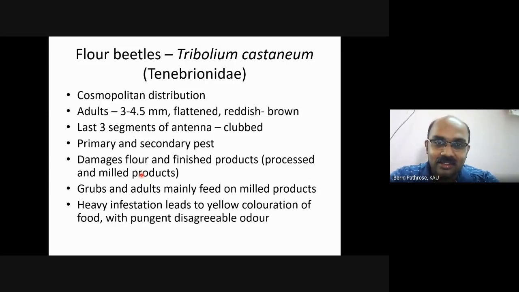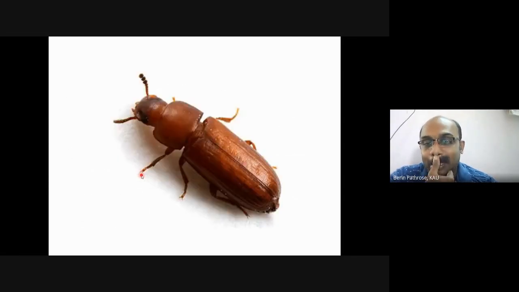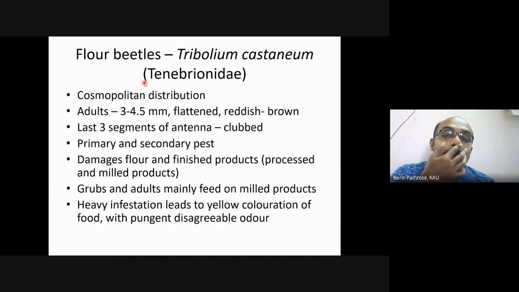It is slightly bigger in size, 3 to 4.5 mm, flat and reddish brown in color, almost red, and the antenna is clubbed. Now, if you remember, clubbed antenna is seen in drugstore beetle, Stegobium, and we discussed it in the case of groundnut beetle, Caryedon. Now we are discussing it in Khapra beetle, Trogoderma, and Tribolium. All those have clubbed antennae and are flat and reddish brown in color.